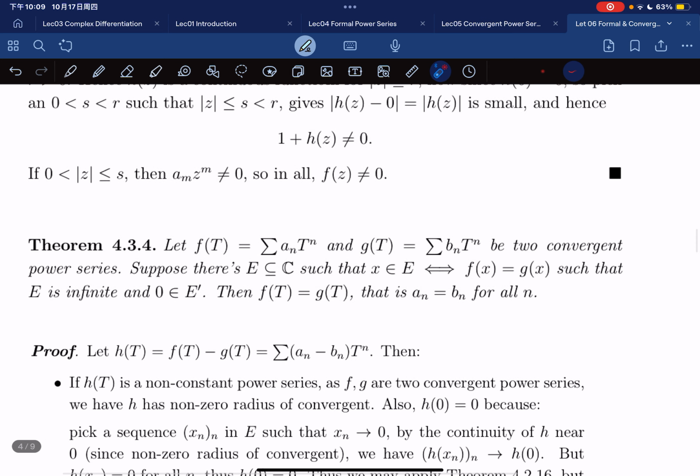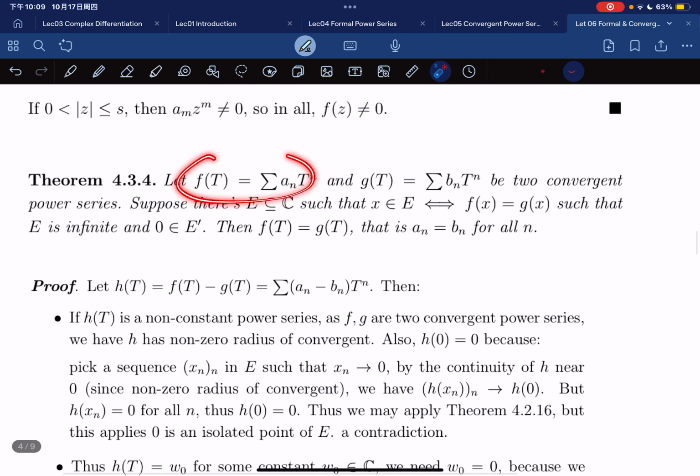Now we can answer our question. If f and g are two convergent power series, and there is a subset E of C consisting of the elements where f and g are equal, and the set E is infinite and 0 is a limit point of E, then f and g are the same, which means all the coefficients are the same.